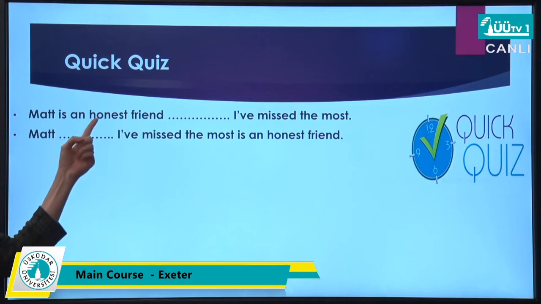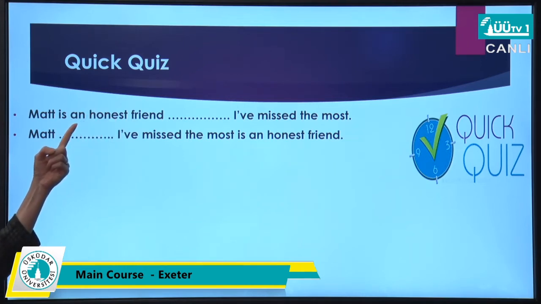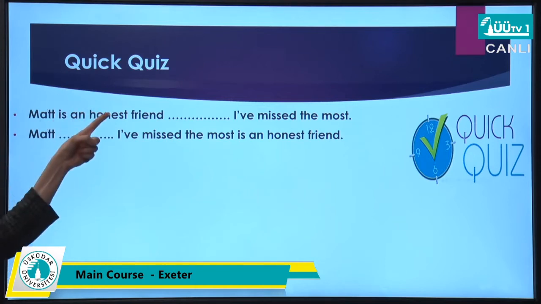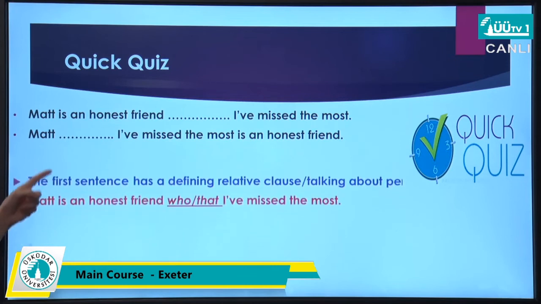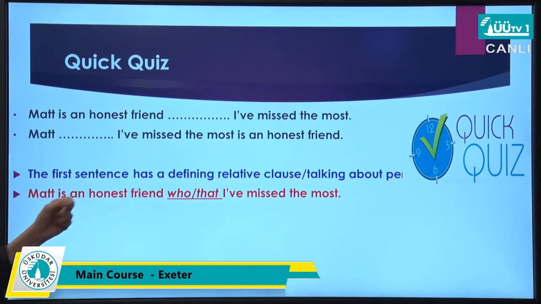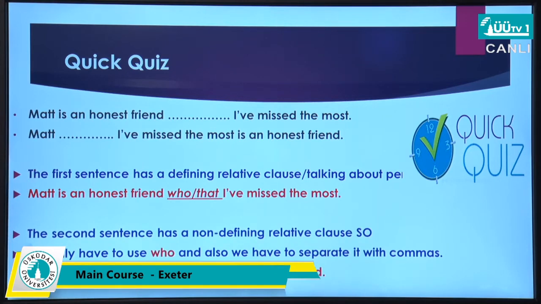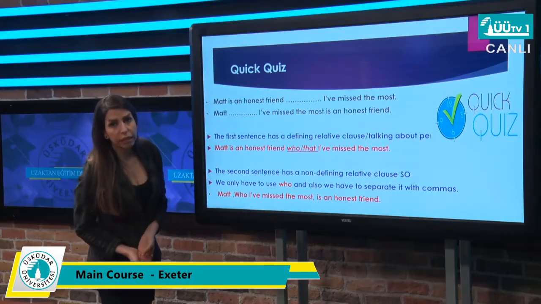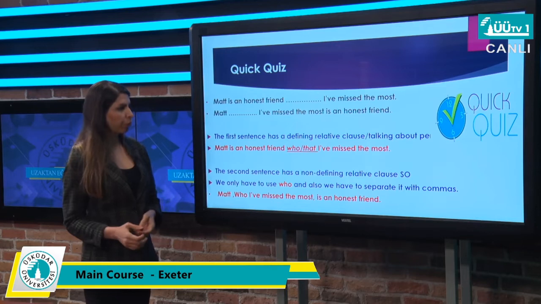I'm definitely sure that you understand that it must be who, but can I use that as well? Yes in the first sentence, no in the second sentence. Because the first sentence is a defining relative clause, who and that both are correct, but in the second sentence, because it is a non-defining relative clause, only who is possible.